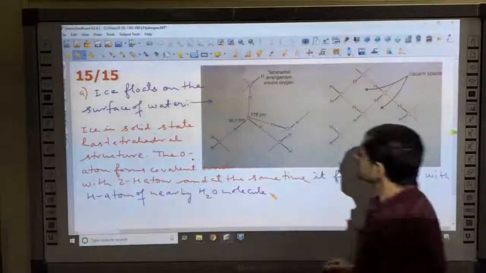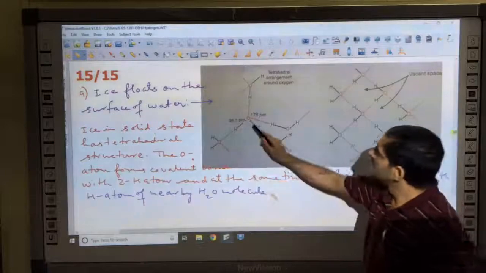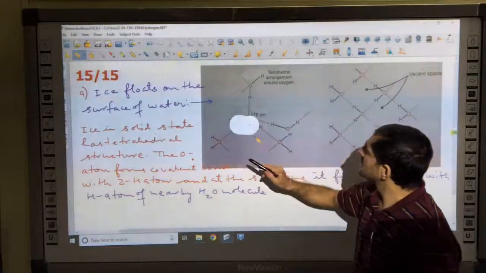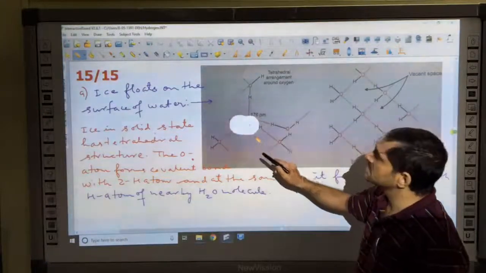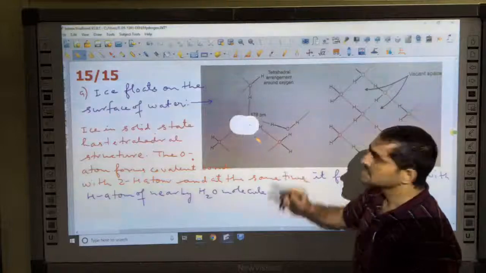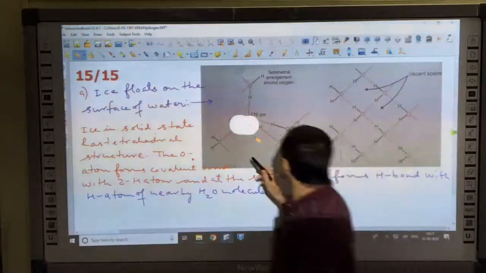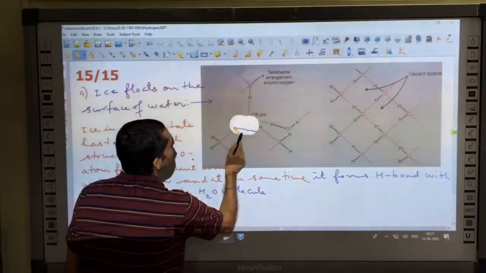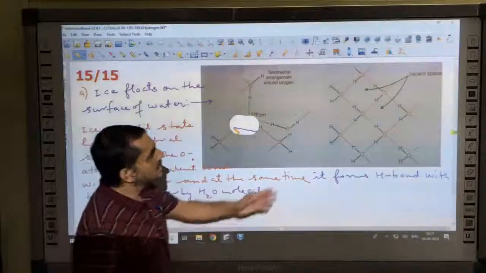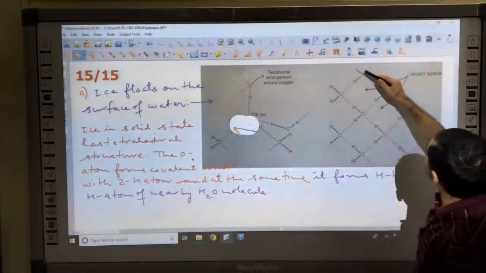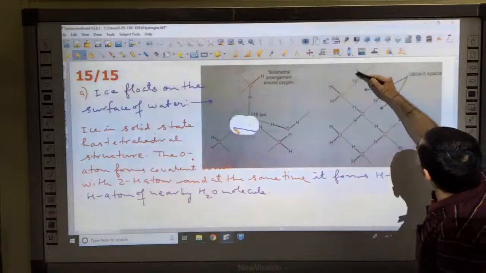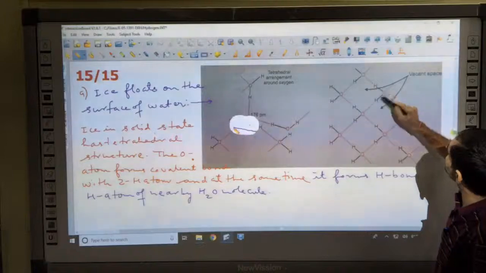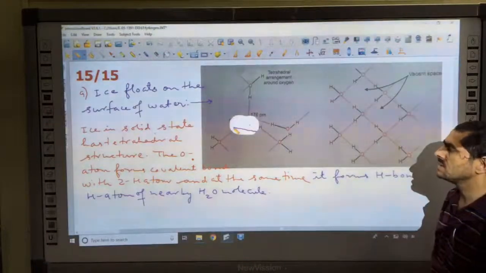This is the oxygen atom. It is forming covalent bonds with two hydrogen atoms. Clear? Now, at the same time, what has it done? This bond is a covalent bond. At the same time, it is forming, as you can see, a hydrogen bond with the adjacent water molecule.